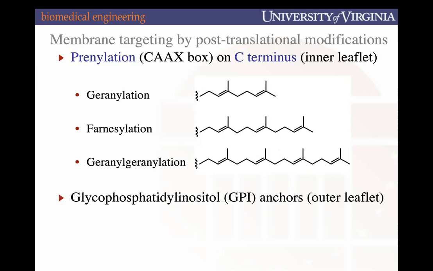One modification that tethers a protein to the outer leaflet is the glycophosphatidylinositol anchor, or GPI anchor. It copies some of the same phospholipids that are on the outer leaflet.